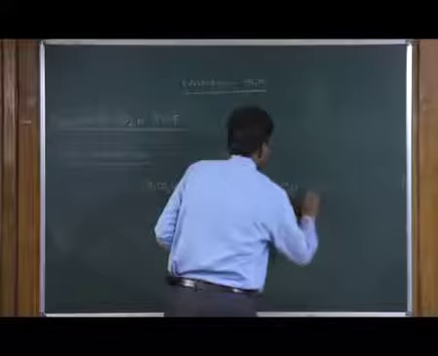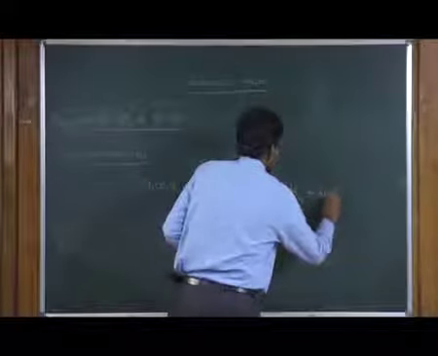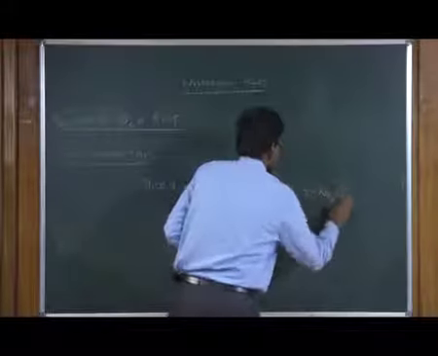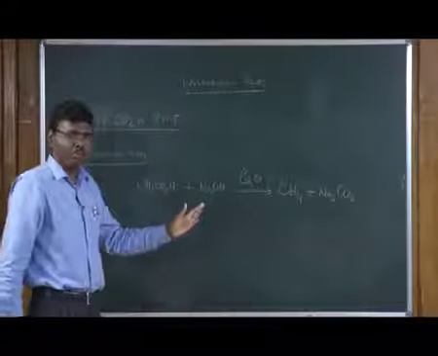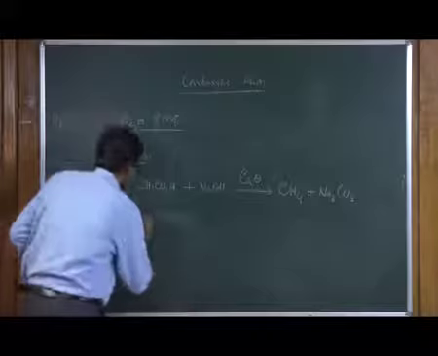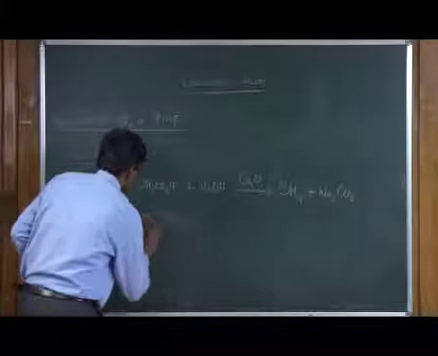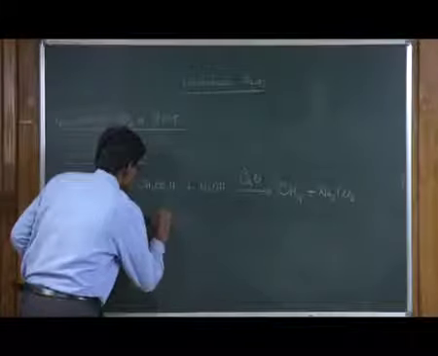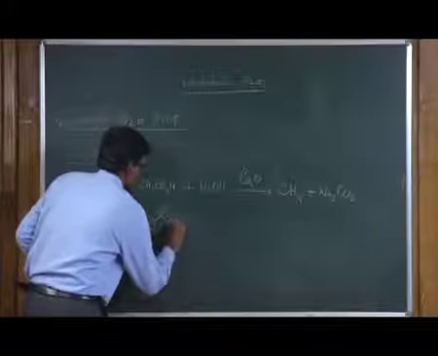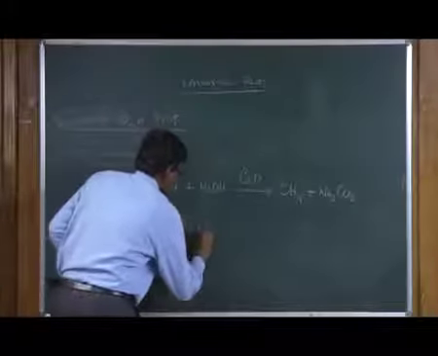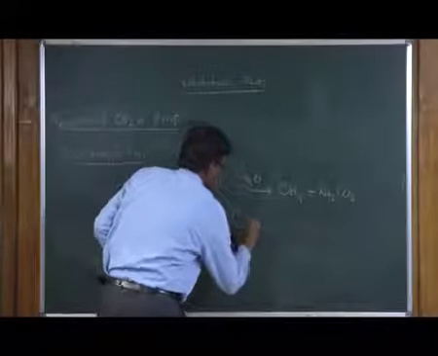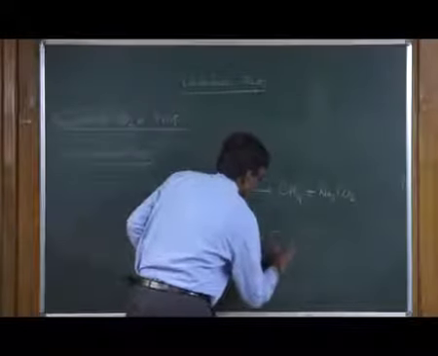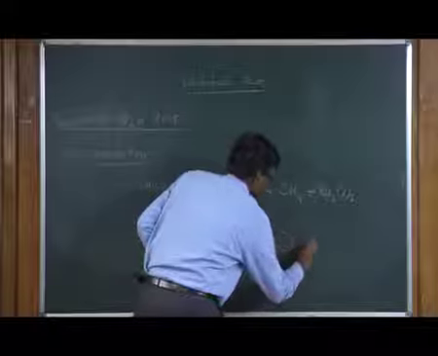In this case, if you use ethanoic acid, you will get methane, and if you use benzoic acid, under this condition it will be converted into benzene and sodium carbonate.